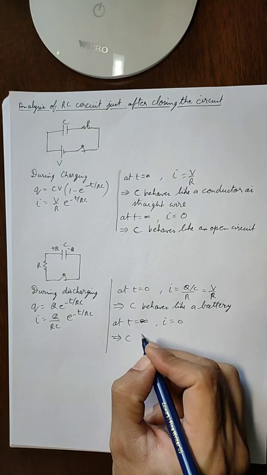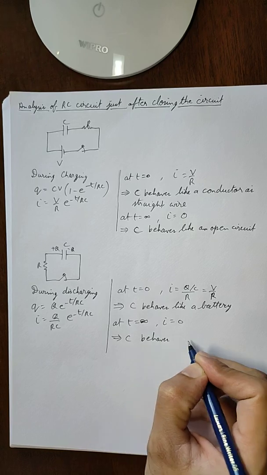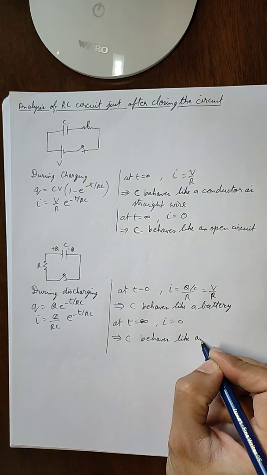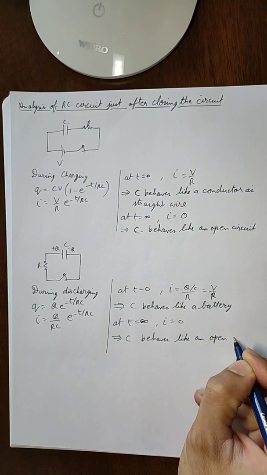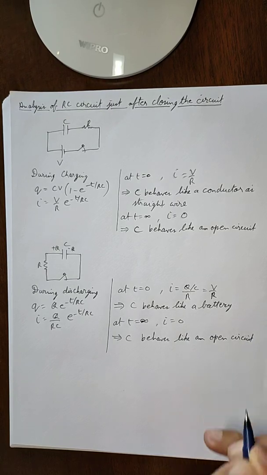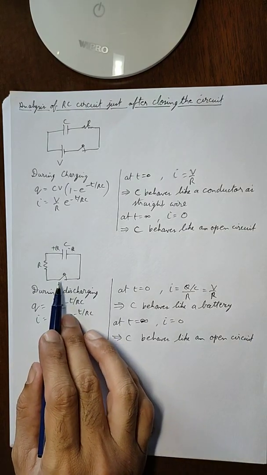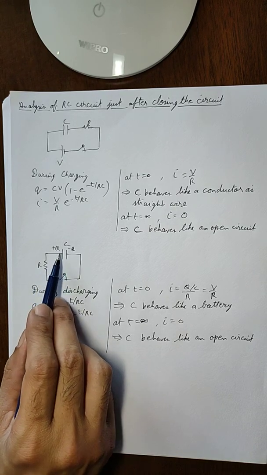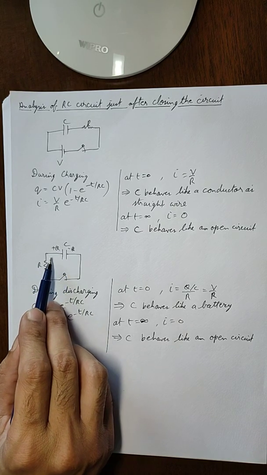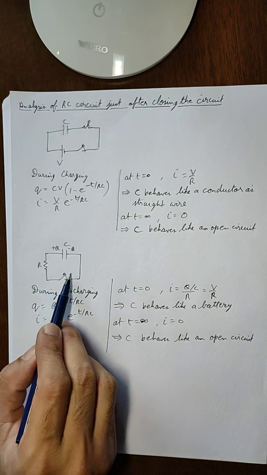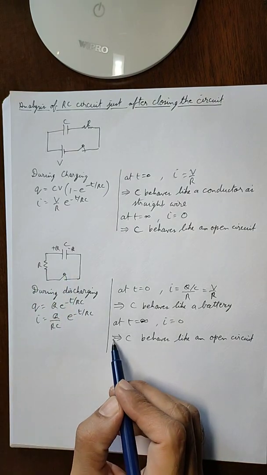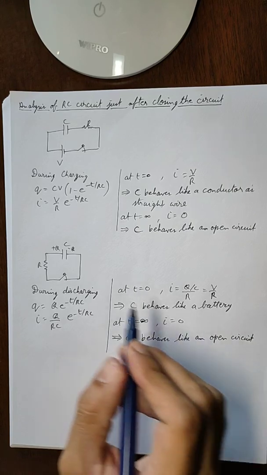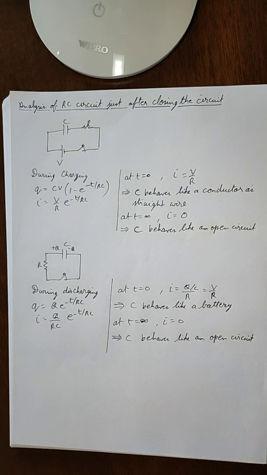This implies that C behaves like an open circuit. That is, now at t equals to infinity, the capacitor is completely discharged and the capacitor is not able to supply any charge to conduct any current in the circuit, and it behaves like an open circuit as if the wire is broken from between and no current is flowing.